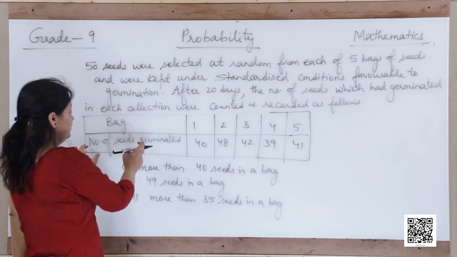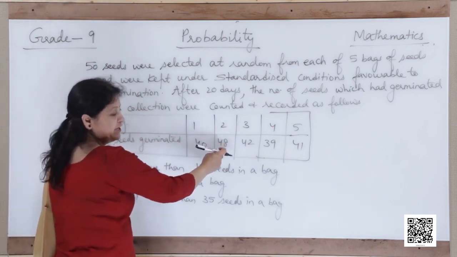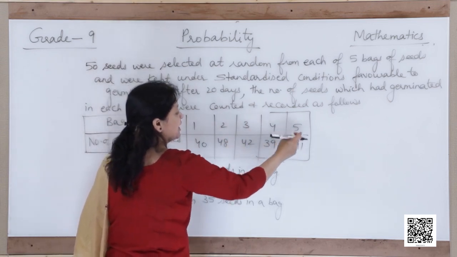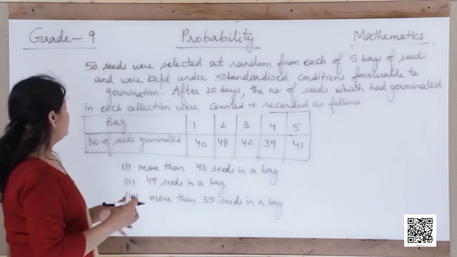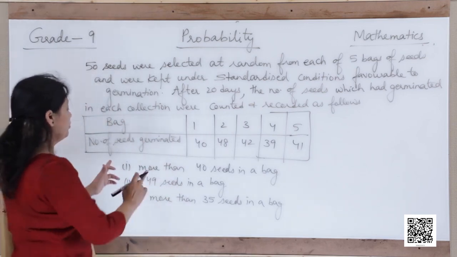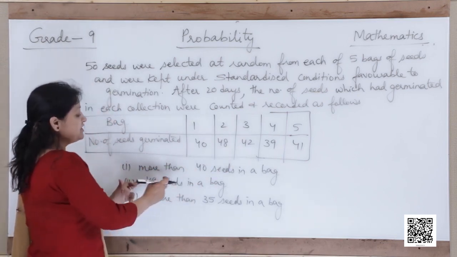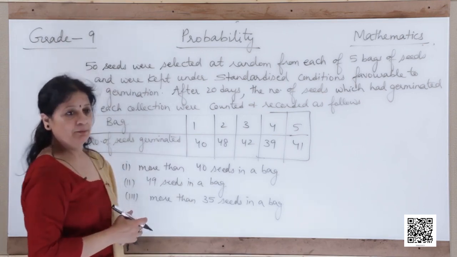Bag 1, number of seeds germinated is 40. Bag 2, 48. Bag 3, 42. Bag 4, 39. And bag 5, 41. So what they have asked is to find the probability of, number 1, more than 40 seeds in a bag, number 2, 49 seeds in a bag, and third part, more than 35 seeds in a bag.